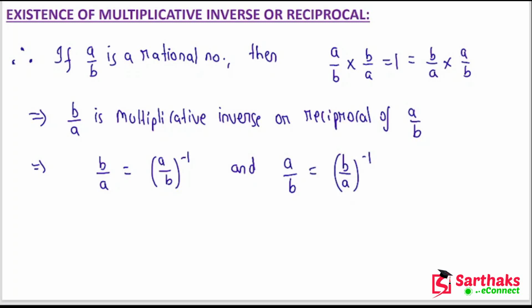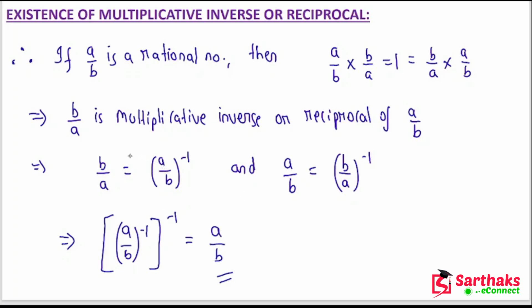So this was the existence of multiplicative inverse or reciprocal. Now if you combine these both situations, that is b by a equals a by b whole inverse and a by b equals b by a whole inverse, you will get that a by b whole inverse is b by a, and if you take the inverse of this number again, you will again get a by b.